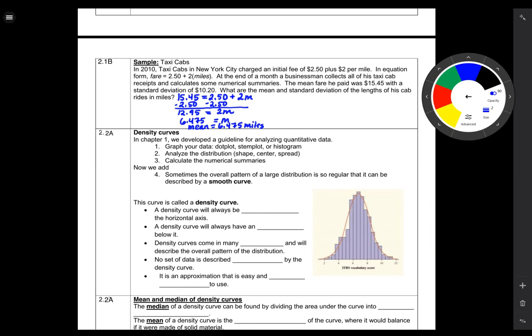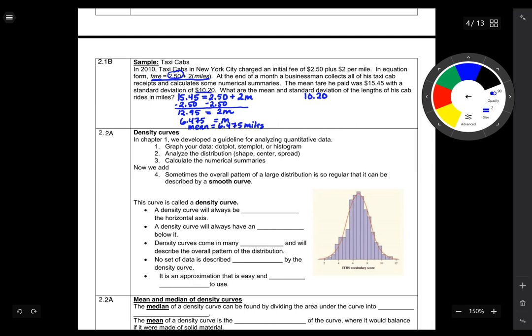Okay, now, so that's the mean. To do the standard deviation, okay, so mean is affected by addition and subtraction. Standard deviation is unaffected by addition and subtraction. It's only affected by multiplication and division. So if we go to this equation right here, for standard deviation, this is irrelevant. So we just want the fare. So the standard deviation was $10.20.